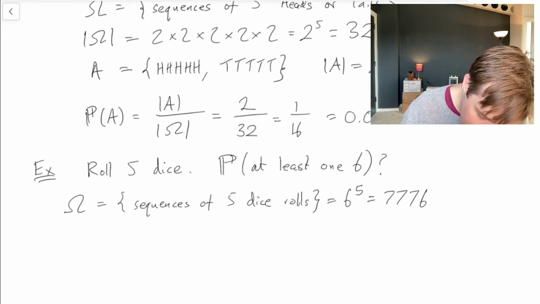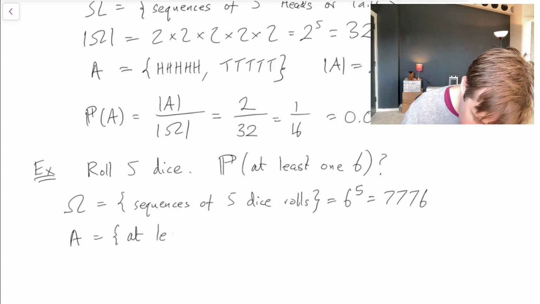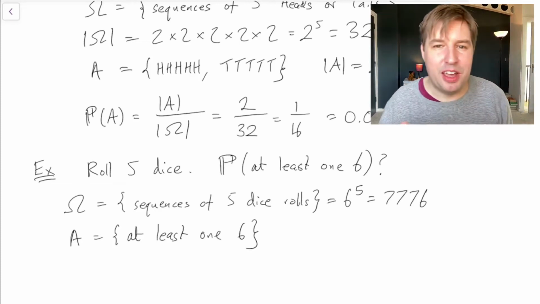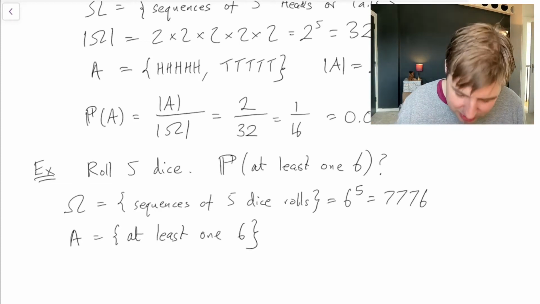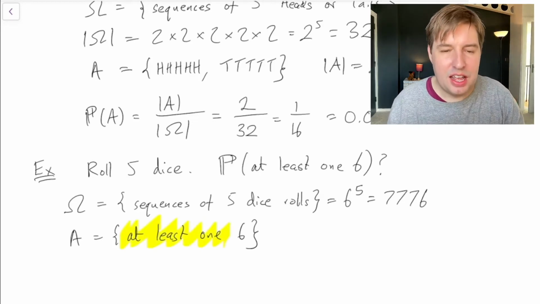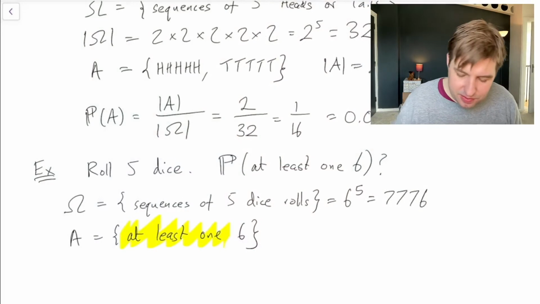Now, the event A that we roll at least one 6. I have a little tip for you here, which turns out very useful, which is that this is an at least 1 question. And you quite often come across these at least 1 questions. And my tip is, whenever you see an at least 1 question, try and look at the complementary event instead.